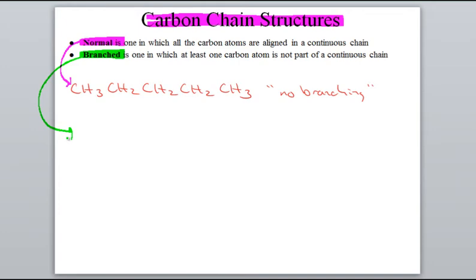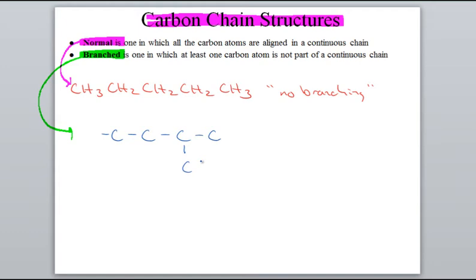So 5 carbons, but one of the 5 carbons is bonded to 3 or more carbon atoms. So that could be that carbon. This carbon here is bonded to 3 carbon atoms. There, there, and there. Note, if we wanted to show a branch point, we could have connected the carbon to that carbon.